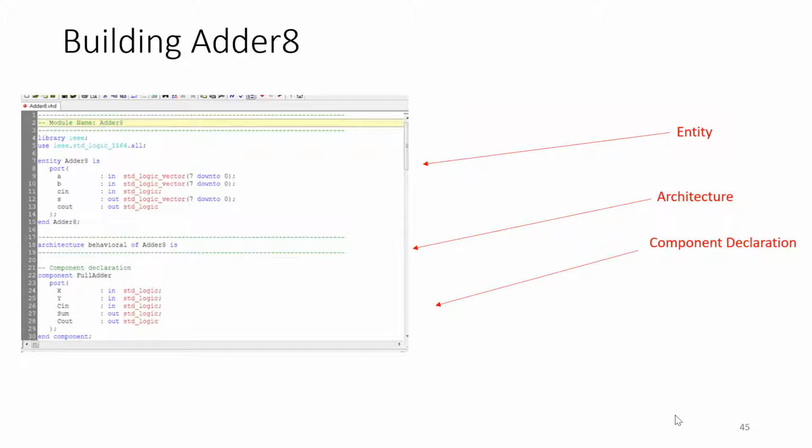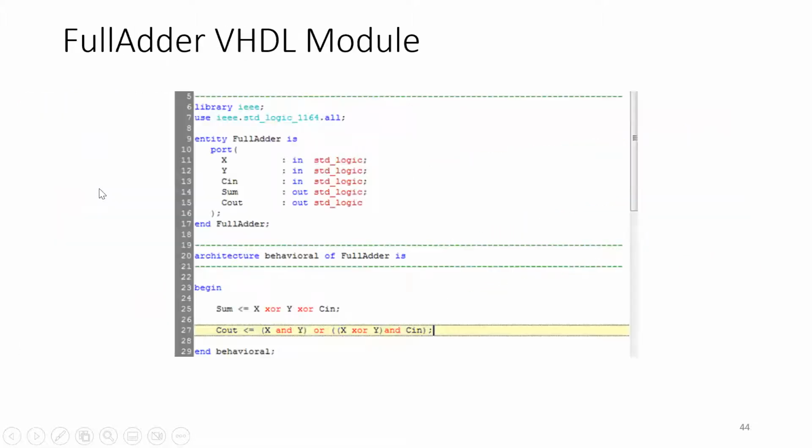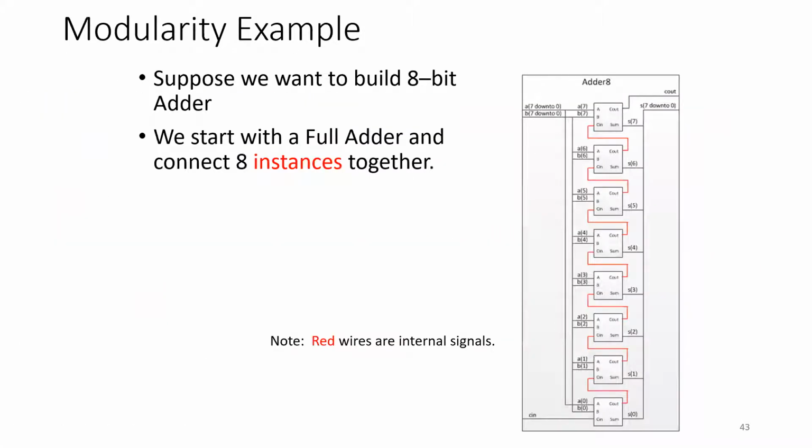In this adder 8, I have A 8-bit, B input 8-bit, C in 1-bit. Let's look at it again. Is that true? Yes, here you can see that I have A 8-bit, B 8-bit, and C in, 1 C in.